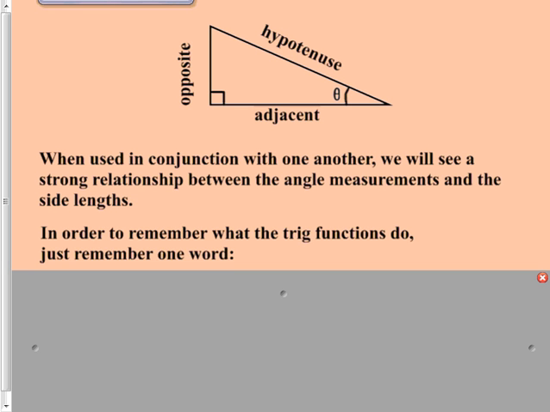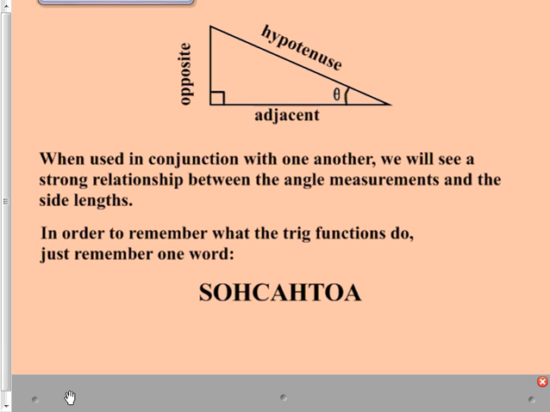Okay. Now, in order to remember the mathematics of the trig functions, there is one word, if you want to call it a word, that you need to be able to remember, and that word is SOHCAHTOA. Okay, SOHCAHTOA. Get this guy copied down. Pay special attention to the spelling.